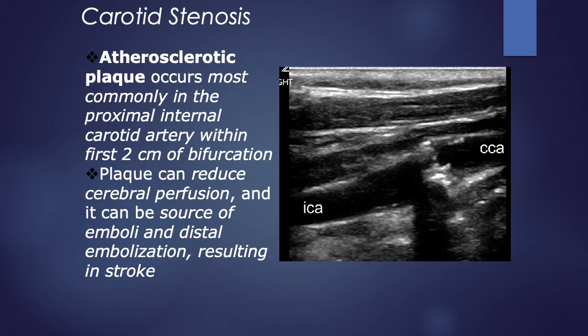Embolization results in a stroke when a small fragment from this plaque travels with the circulation and blocks smaller vessels in the brain, so that area of the brain is deprived of oxygen and blood supply because of the occlusion. That will result in infarction of that area and loss of function of that area, and that will be a stroke, or we'll see some neurological deficits in the patient.